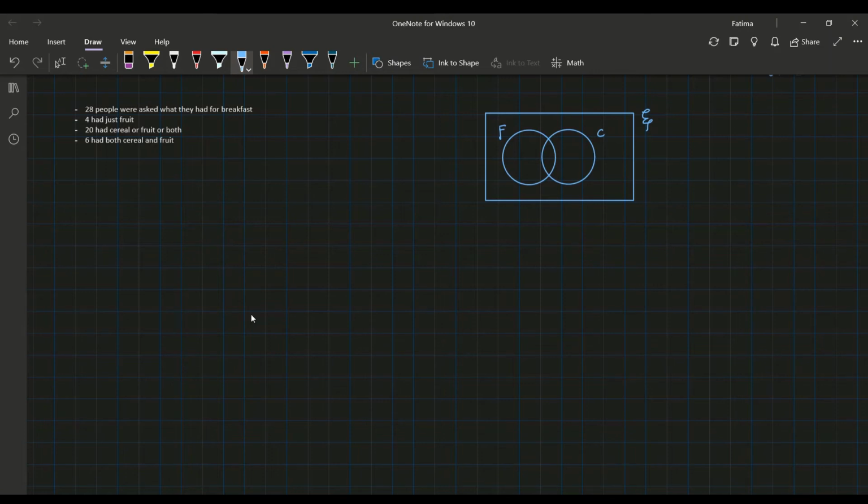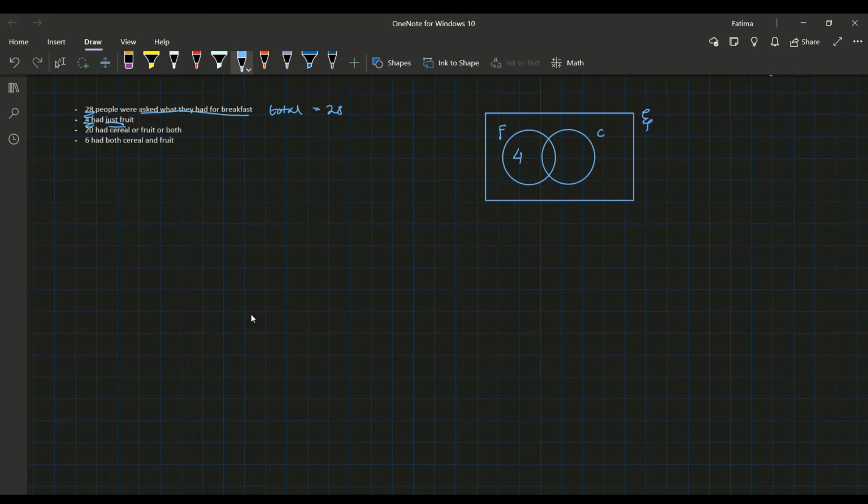So by our first statement, 28 people were asked what they had for breakfast. We know that the total would be 28. And we know that 4 had just fruit. So we can easily write 4 in this space because only 4 individuals had fruit, and the space where I've written it is the only region which represents only fruits.